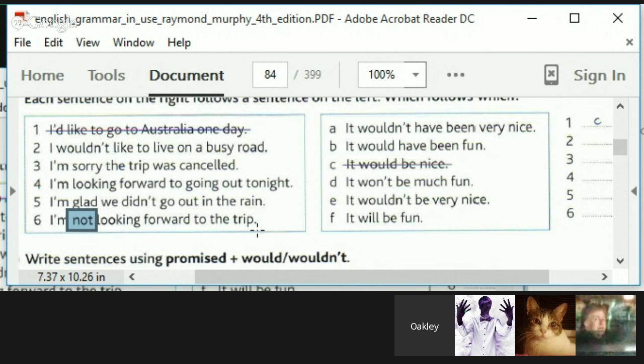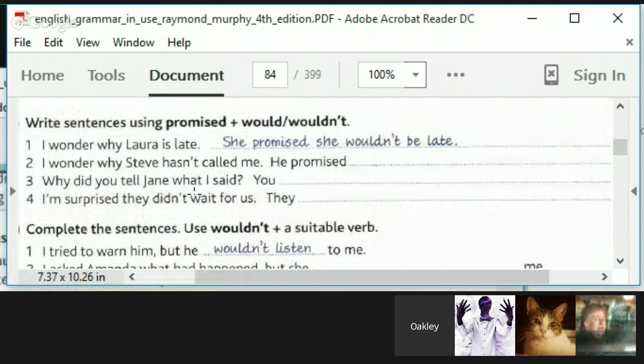I don't want to go on the trip. It won't be much fun. There you go. The negative. So using looking forward to shows that the person is positive. It's realistic. It will be fun. Not looking forward to, it won't be fun. So you're going to use the more direct and absolute will and won't.